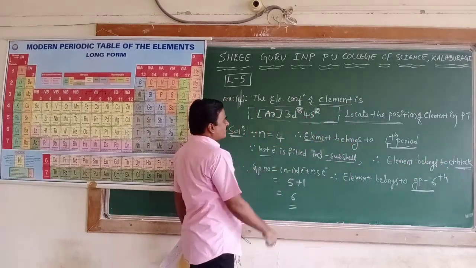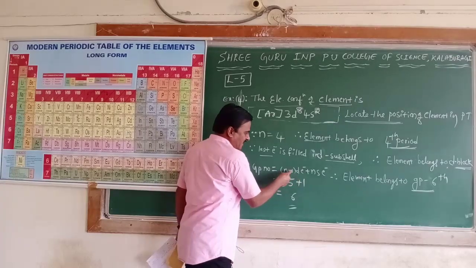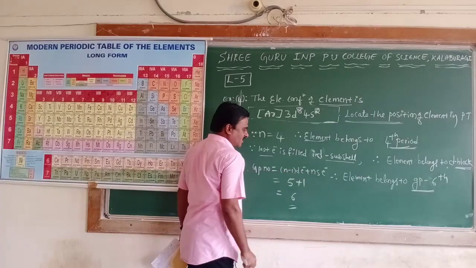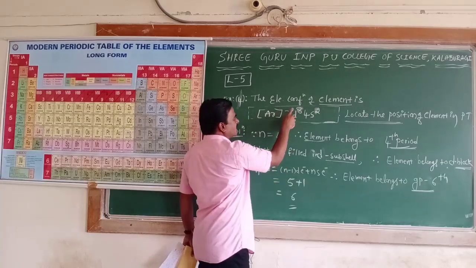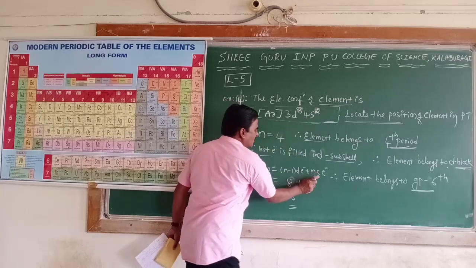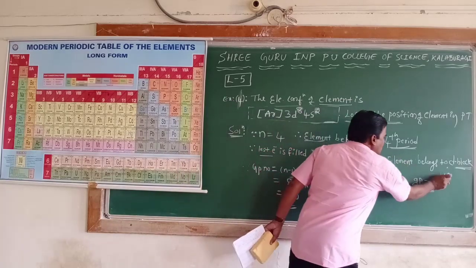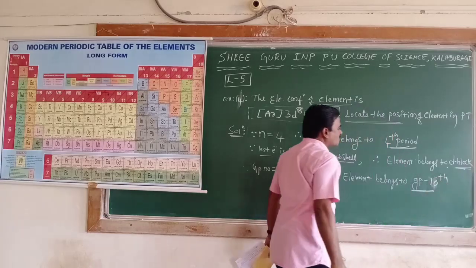Group number for the d block is the sum of the (n-1)d electrons and ns electrons. The (n-1)d electrons are 8 and ns electrons 2. So it is 10. It belongs to the 10th group.